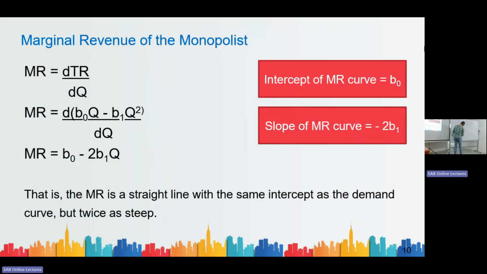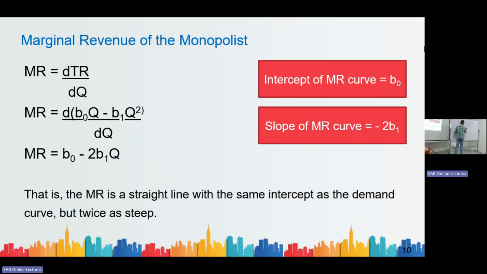Mark the midpoint between the 0 level of output and the maximum level of output, and then draw the marginal revenue curve by joining the vertical intercept and this midpoint. So this becomes the marginal revenue curve, which is twice steeper.